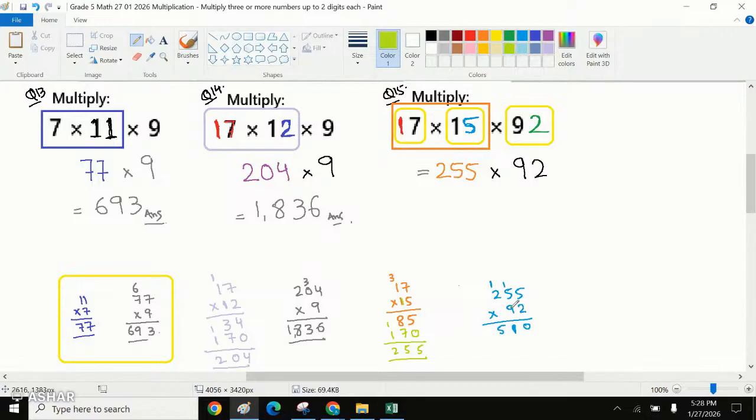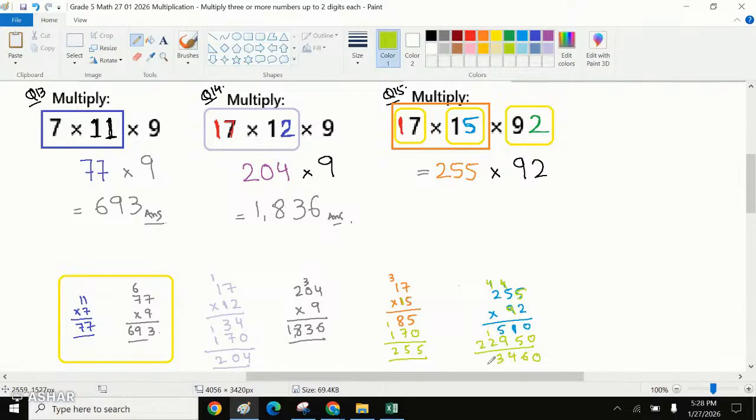We know that 9 multiplied by 5 is 45. So we put down the 5. We carry the 4. 9 times 5 is 45, plus 4 is 49. 9 times 2 is 18, 18 plus 4 is 22. 0, 6, 9 plus 5 is 14.